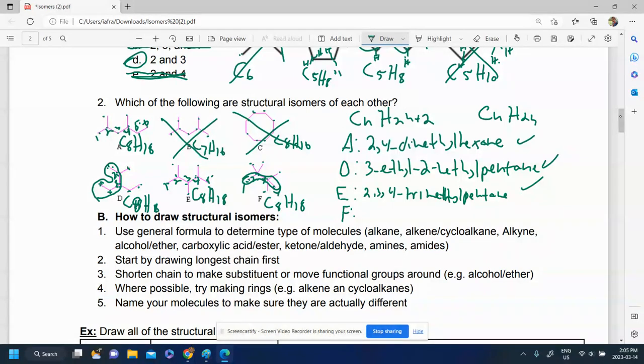So we have 2,2,3,3-tetramethylbutane. And since it has a different name, that means that we have these as our structural isomers of each other, but not B and not C.